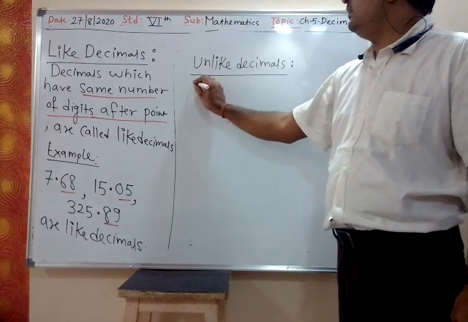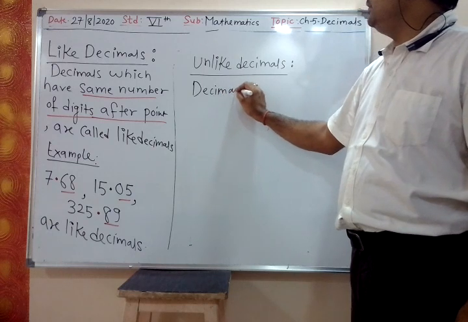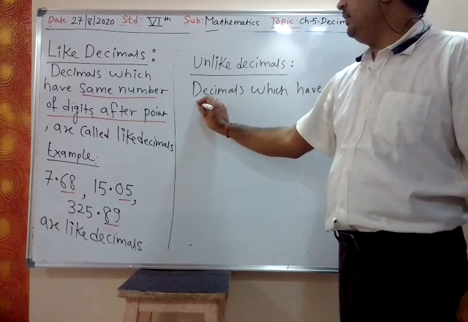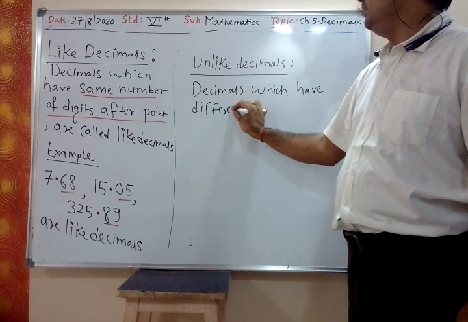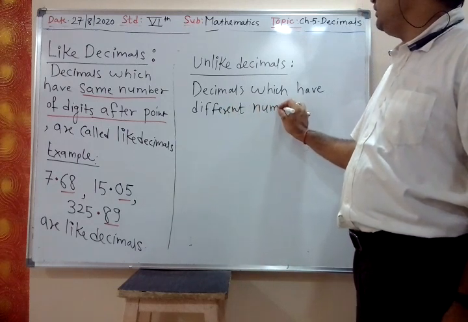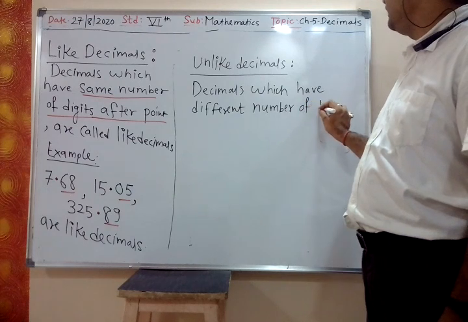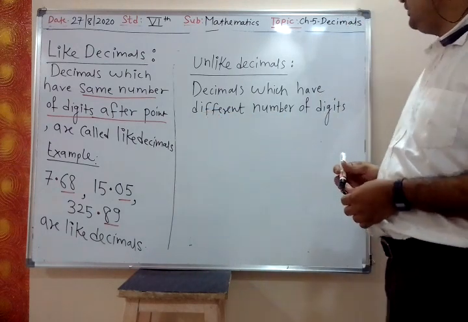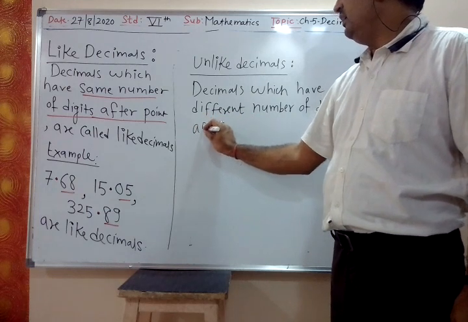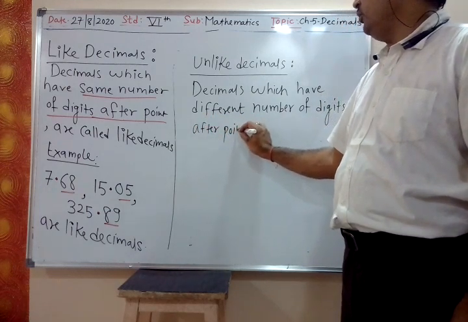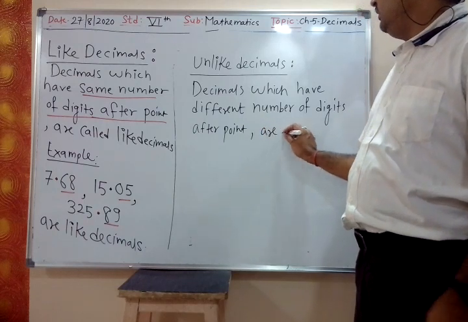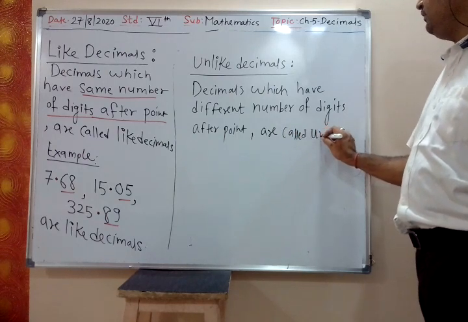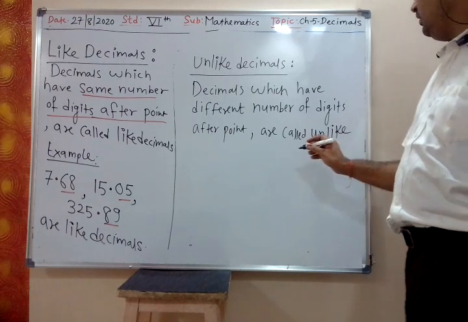So unlike decimals, we write decimals which have a different number of digits after the point. They are called unlike decimals.